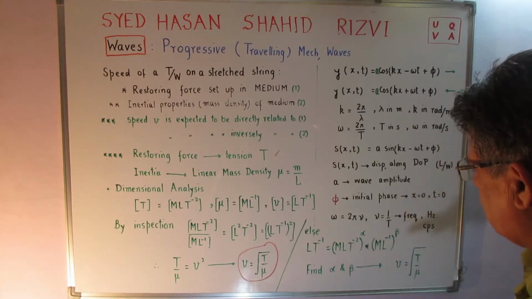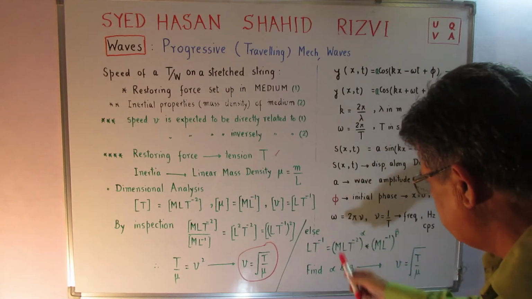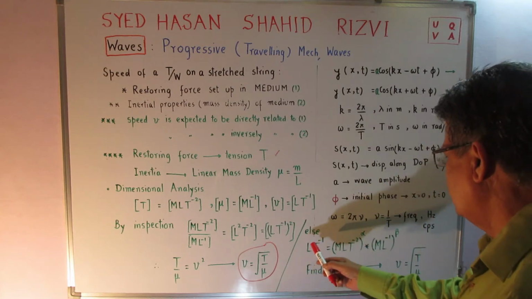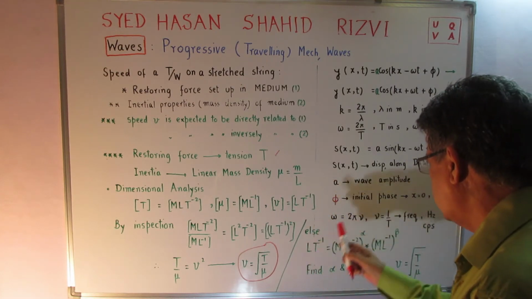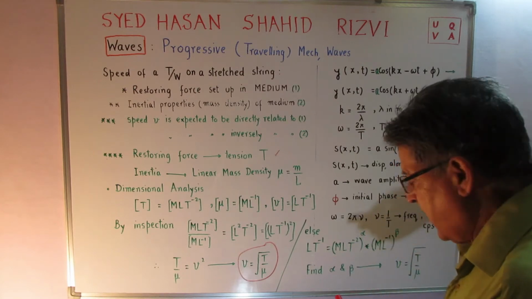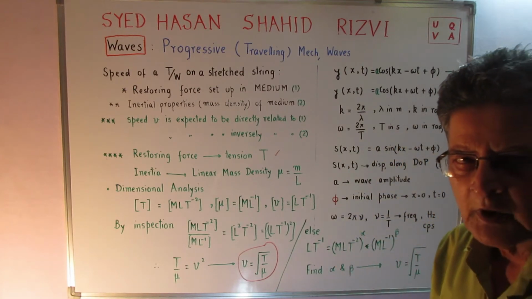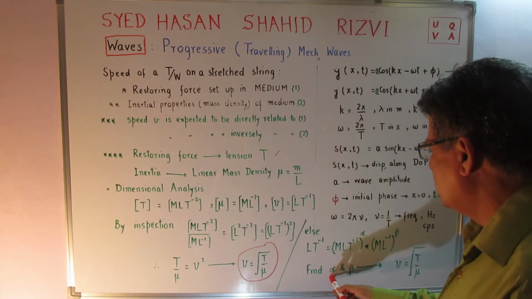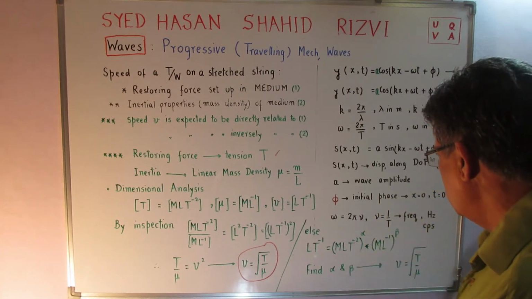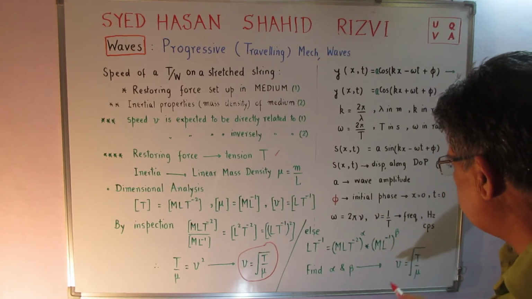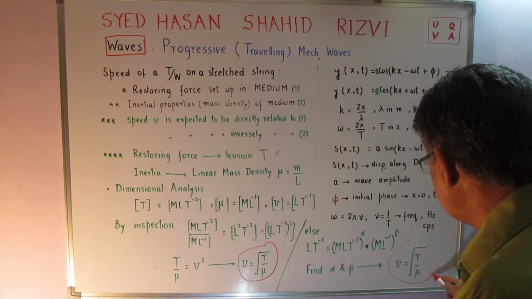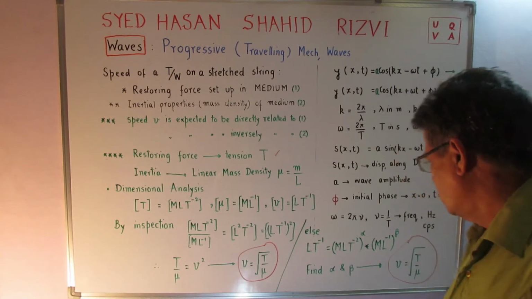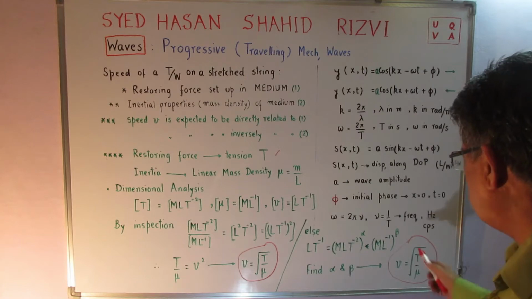We multiply them together and then equate the indices, the powers of M, L and T on this side and M, L and T on this side, and then we work out those equations, and therefrom we can find the value of alpha and beta, such that we can write finally that the velocity of a transverse wave is v equals root of T upon mu.